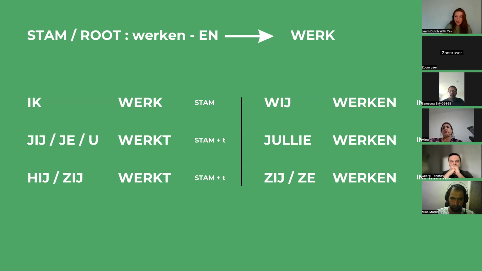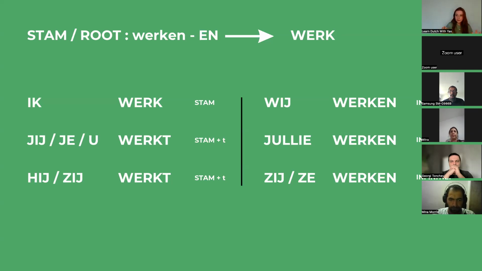Werkt. Voor hij, zij, someone else, we're going to use stem plus t too. Werkt. Hij werkt, zij werkt. En voor all the plurals, wij, jullie, zij, ze, we're just going to use the infinitive.